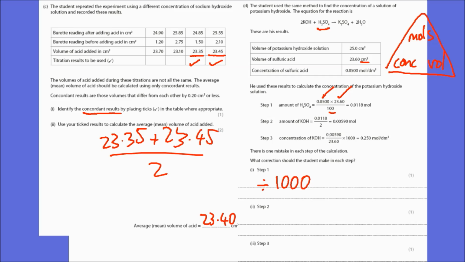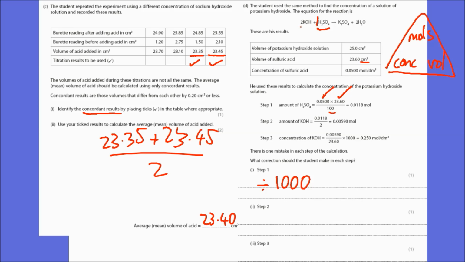Now in the next step, the student has correctly decided to work out the moles of potassium hydroxide. And to do that, you need the mole ratio. So if we look at the mole ratio here, if I had 1 mole of sulfuric acid, I'd react that with 2 moles of potassium hydroxide.